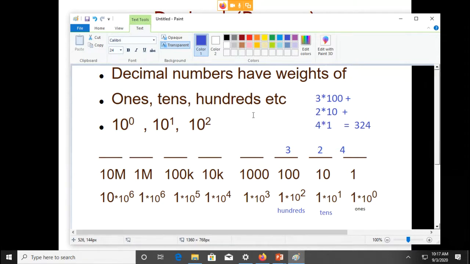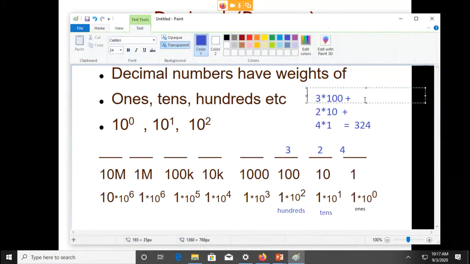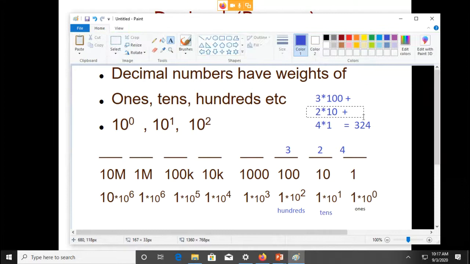Normally we don't think about that; when we see the number 324, we just say, okay, that's 324. But in reality, what we're doing is taking 3 times 100 plus 2 times 10 plus 4 times 1.